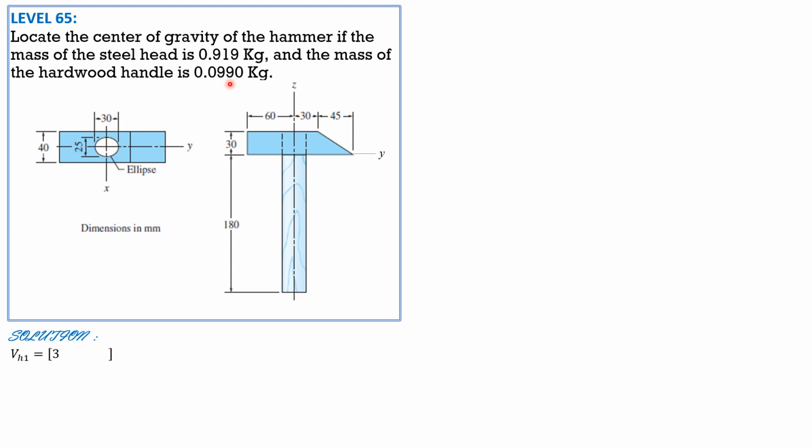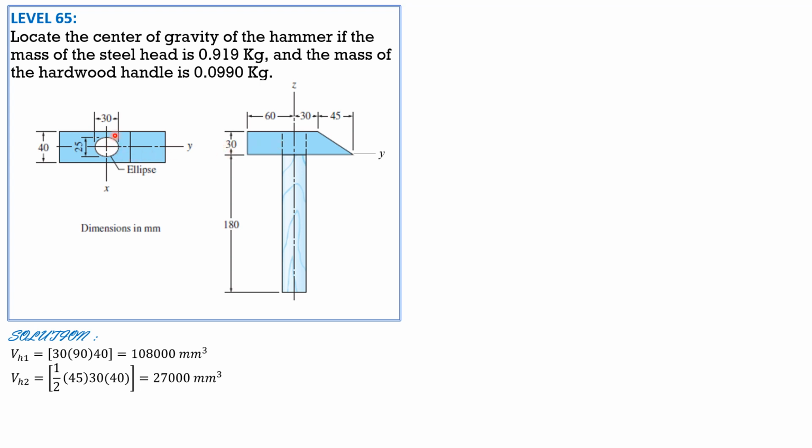So volume of hammerhead 1 is 90 mm by 30, then perpendicular to the board 40, so 108,000 mm cubed. Then for this part, 1/2 of 45 times 30 times 40 mm perpendicular to the board, 27,000 mm cubed. Then for this portion occupied by the wooden handle, volume of ellipse is area of ellipse, pi AB, times depth or height 30.